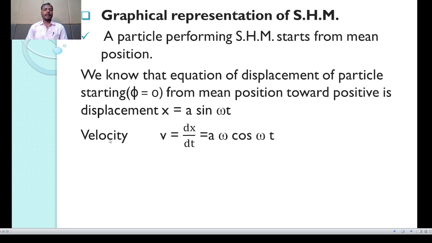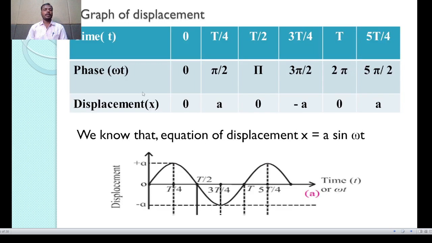The expression for the velocity is v = dx/dt = a omega cos omega t, and acceleration is a = dv/dt = minus a omega square sin omega t.